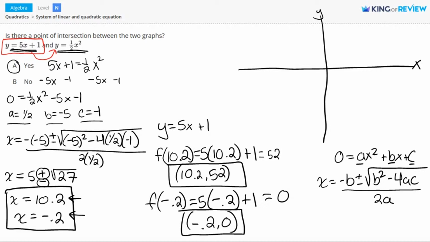This first equation, y equals 5x plus 1, we know is a line because it's in slope-intercept form. Slope-intercept form is y equals mx plus b, where m is the slope and b is the y-intercept. So let's plot this.